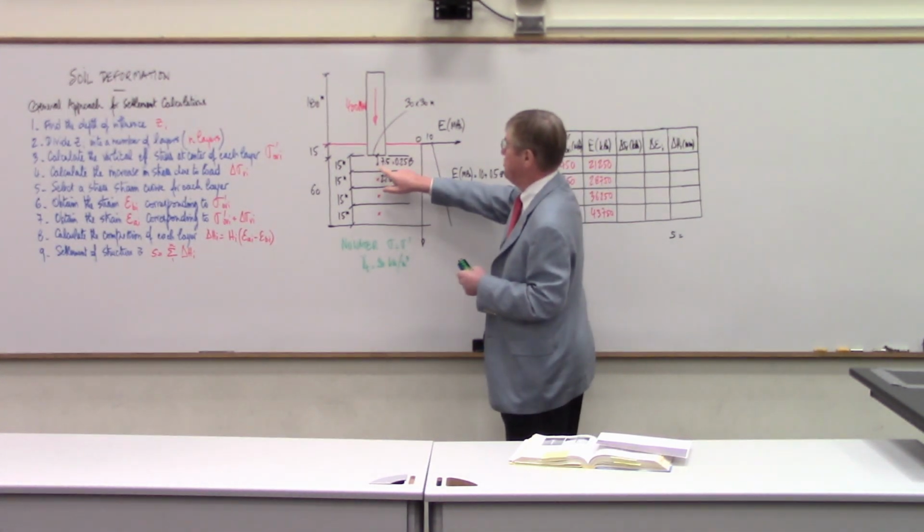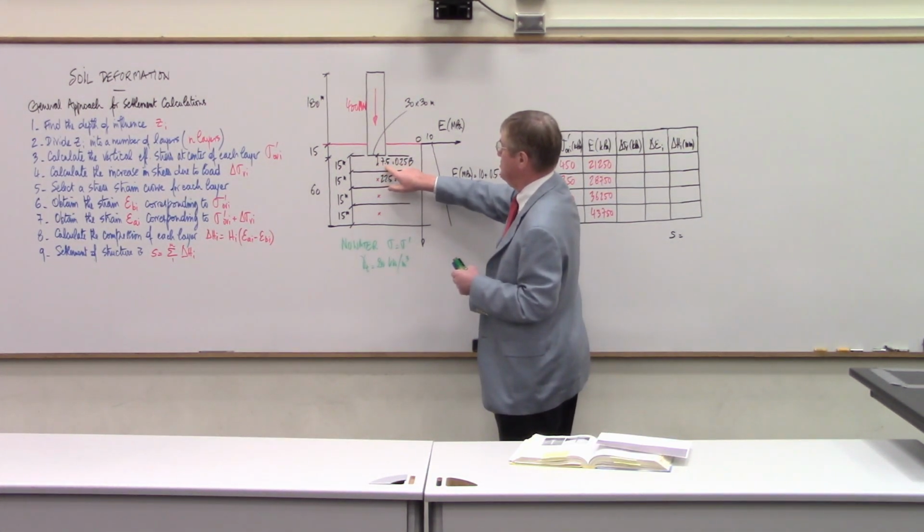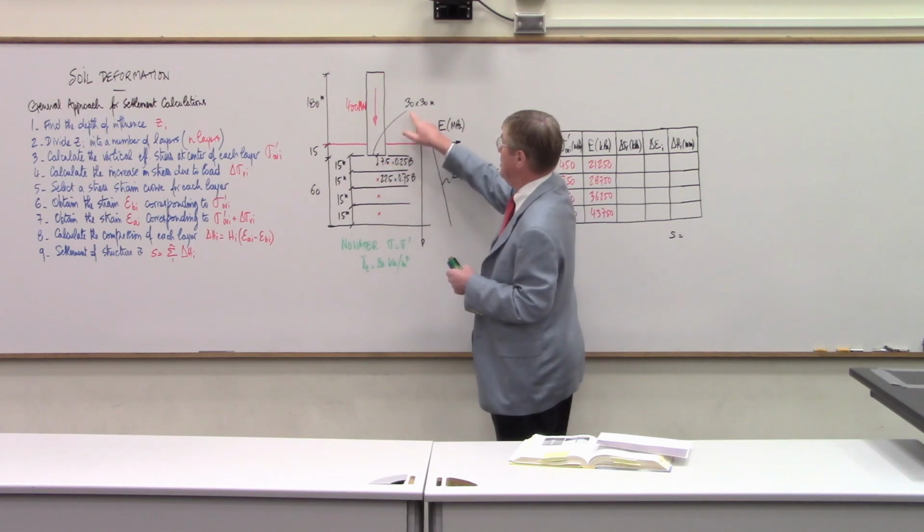And then the first depth below the foundation would be 7.5 divided by 30.